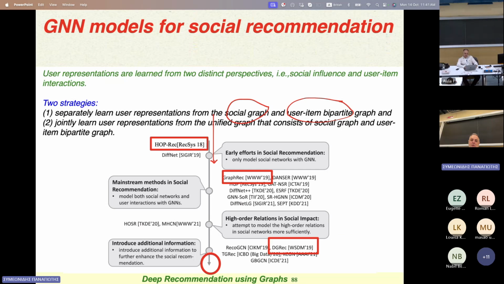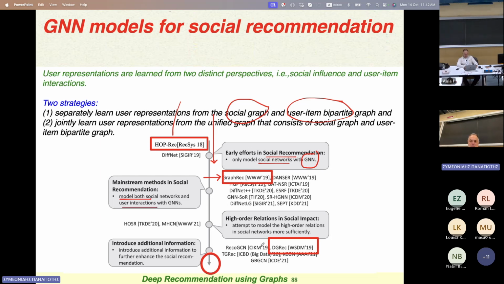We have a method like the HopRec method, which is an early effort in social recommendation. It only models social networks with a GNN, the graph neural network. Okay, then in 19, in the World Wide Web conference, we have the GraphRec method that we will discuss. And it models both social networks and user interactions.